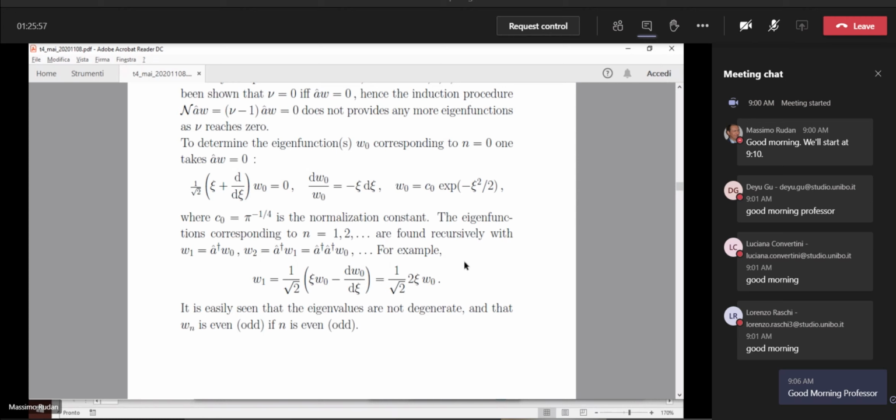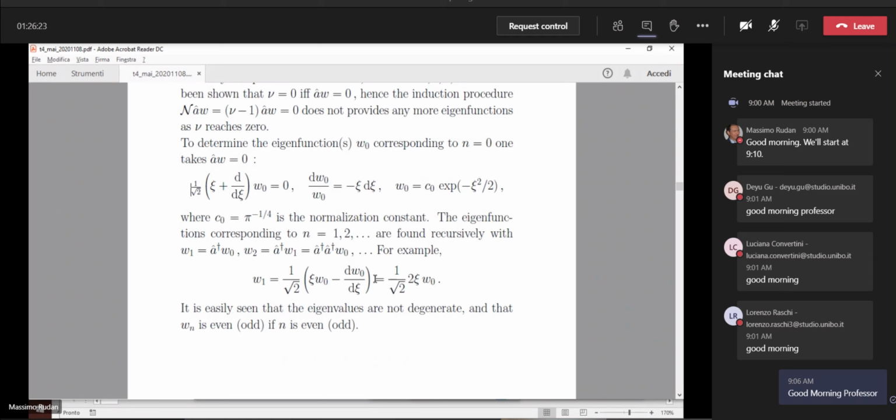You see immediately that the initial eigenfunction is even with respect to psi because it is a Gaussian. The next one, W1, is found from the original one multiplied by psi, so it is odd because W is even but psi is odd, okay?